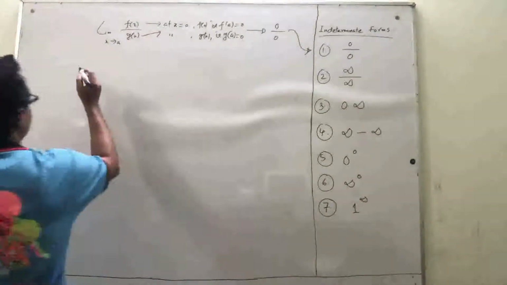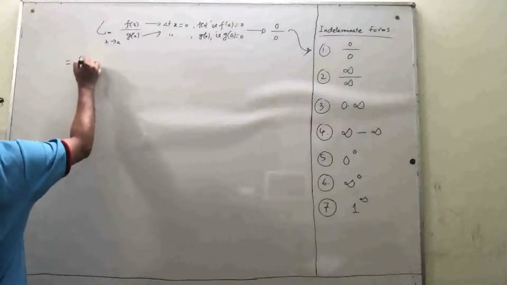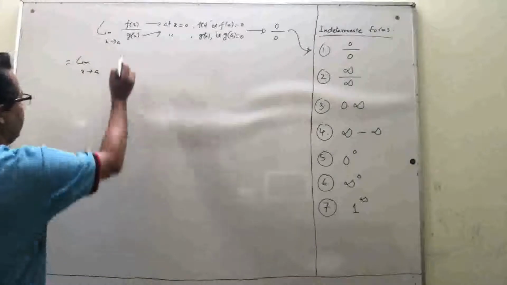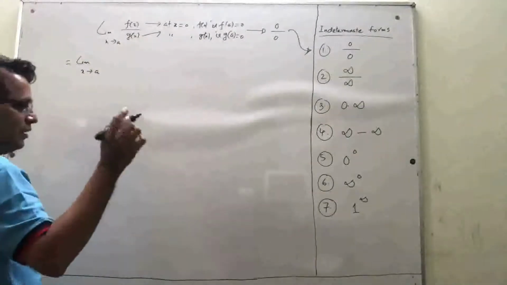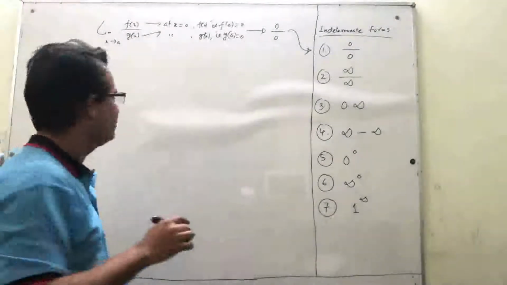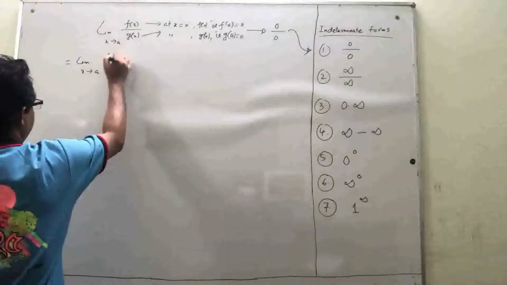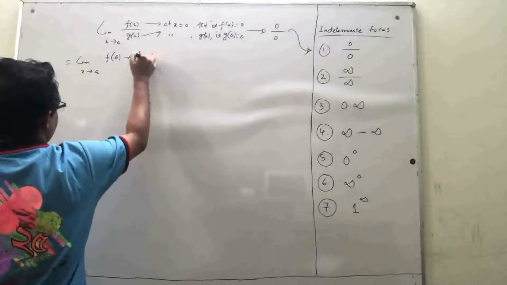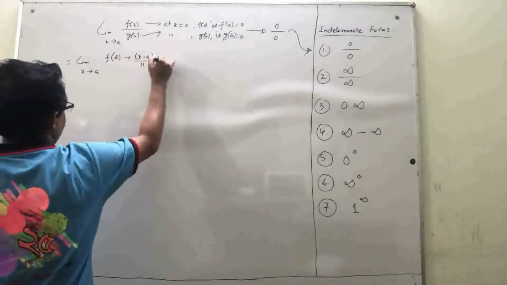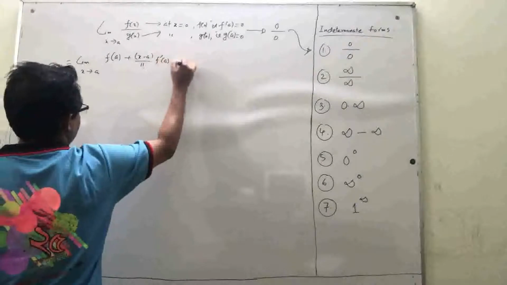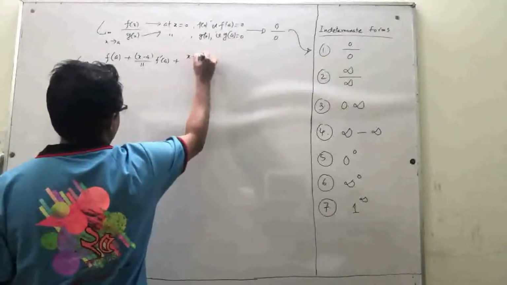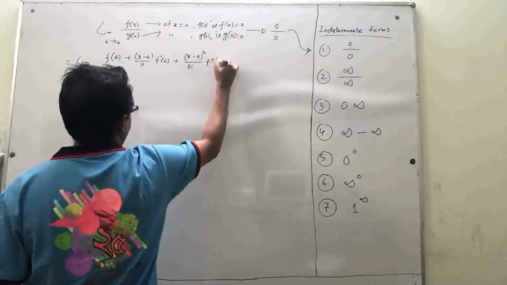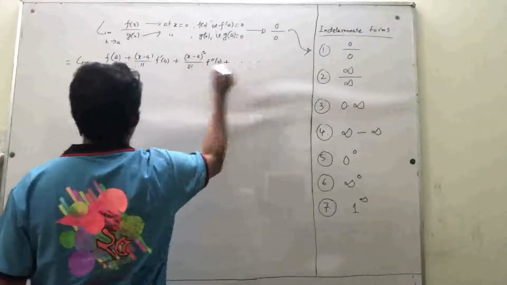So now we can write, with the help of Taylor series, f of x as f of a plus x minus a divided by 1 factorial f derivative a plus x minus a whole square divided by 2 factorial f double derivative a, and so on.